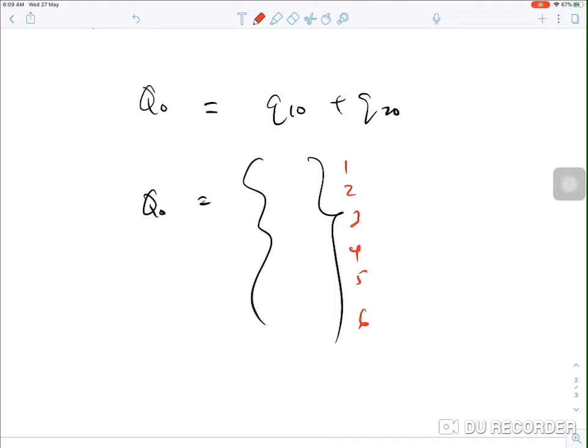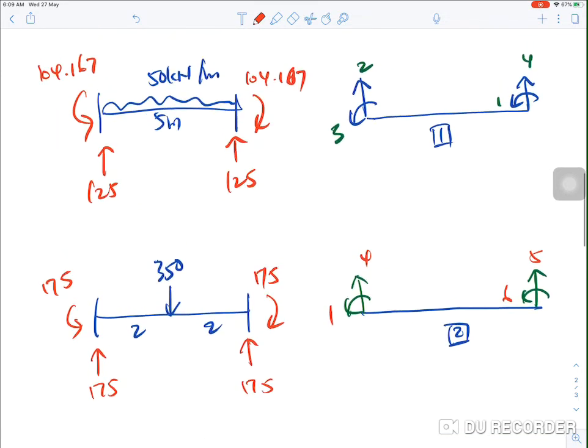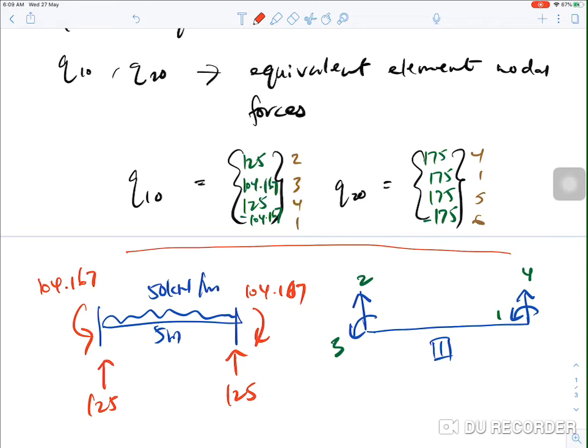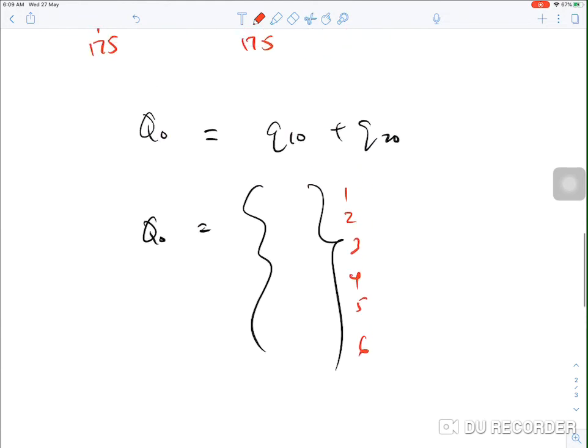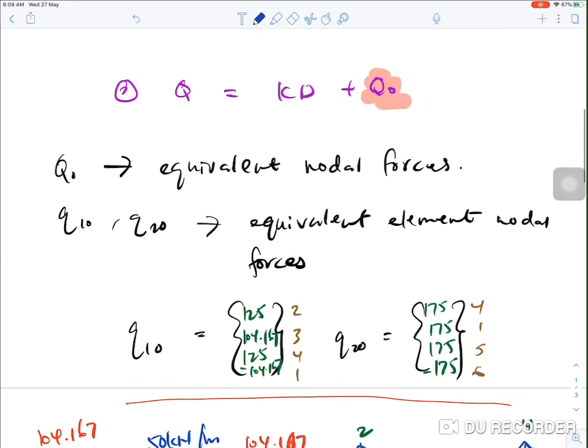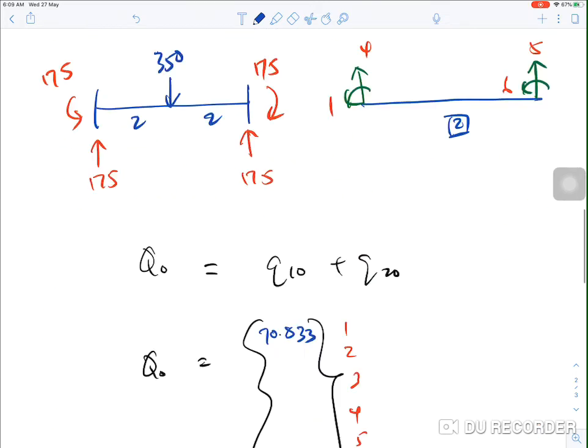Okay, 1, 2, 3, 4, 5, 6 positions, we get the values from this. For position 1, we have negative 104.167 plus 175, so we get 70.833. Okay, position number 2, it is 125.